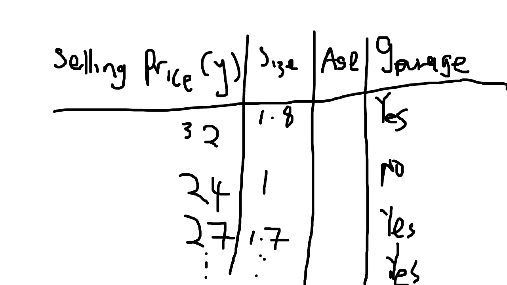Can you please give me the age? 30, 33, 25, and so on. So if you can check, guys, the first three variables are quantitative.